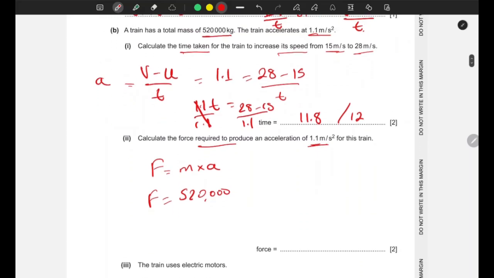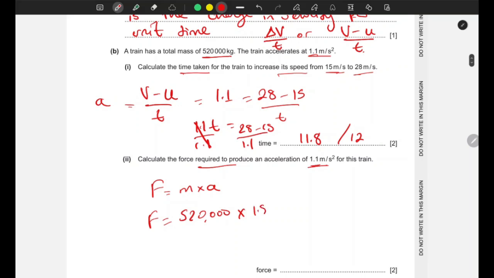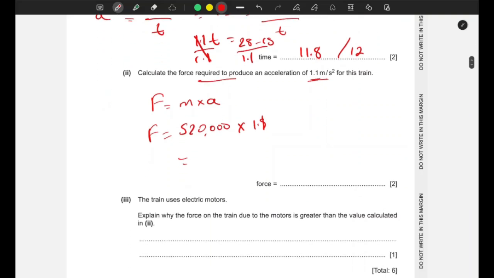Yeah, 520,000. Acceleration is 1.1. So our force would be 572,000 newtons. That's going to be our answer.